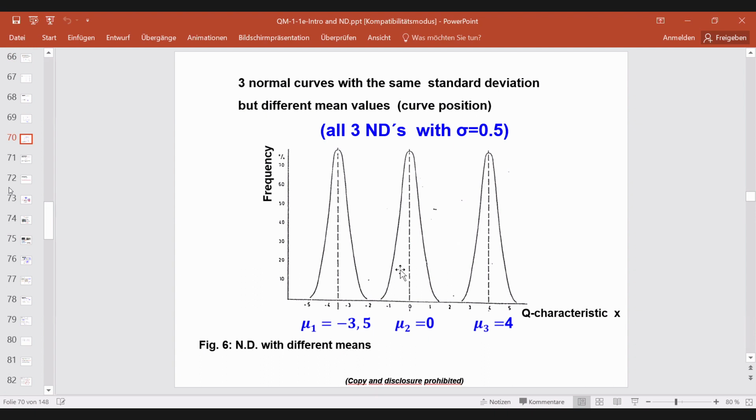So different means, but every time the same sigma value, the same variation. So these are the 2 parameters which define the normal distribution, the mu value and the sigma value.